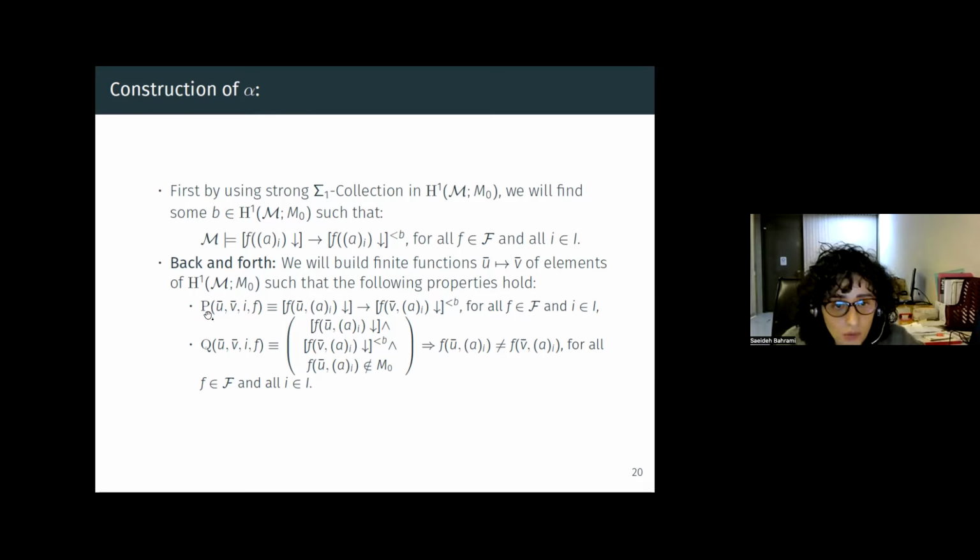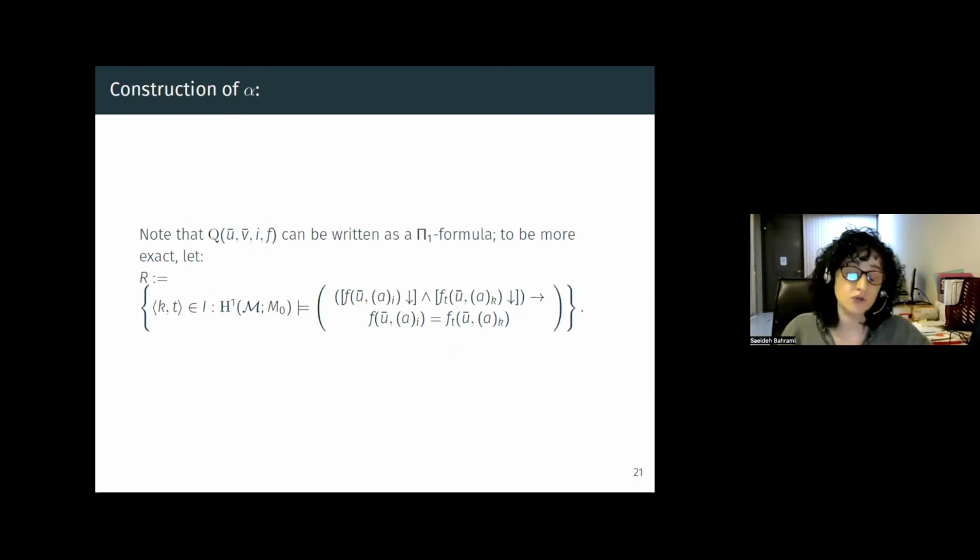Note that whenever we fix I and f, this property is pi1 and the other property is pi1 as well. Why is it pi1? It's enough to get rid of this part.